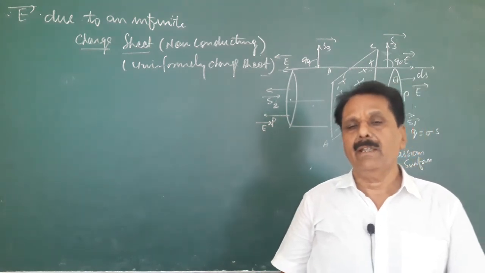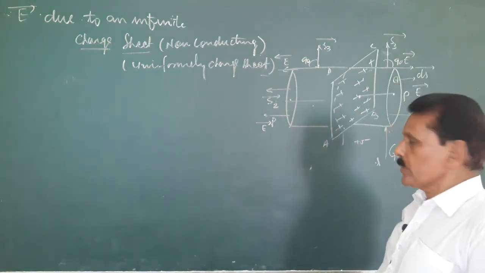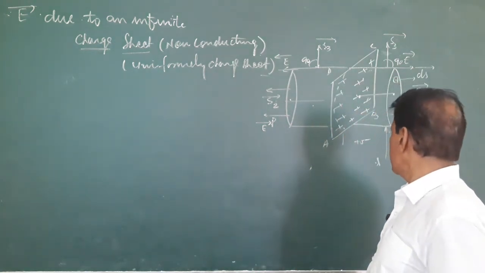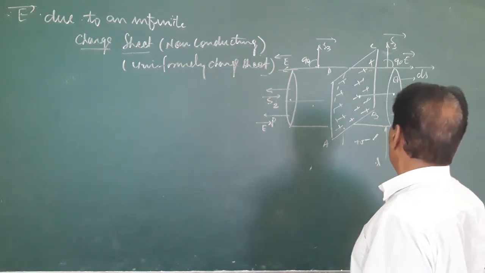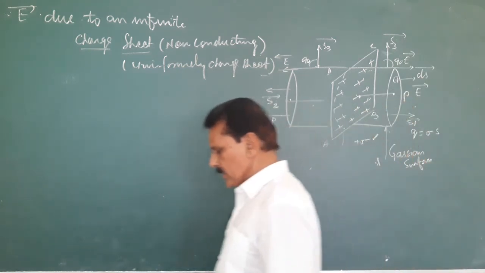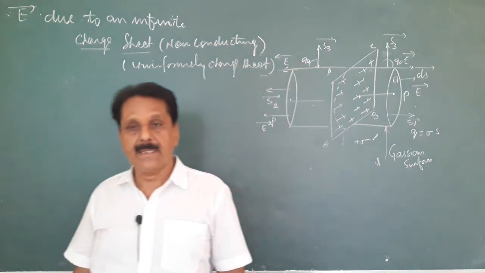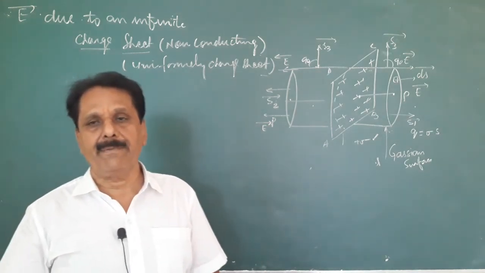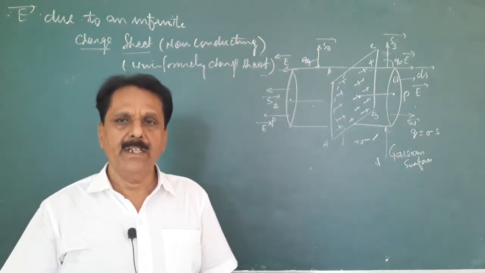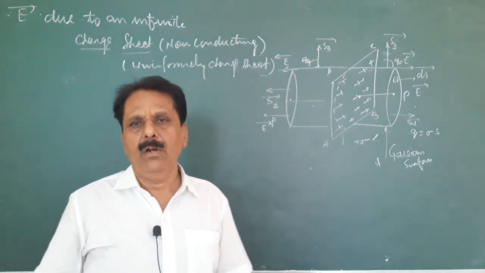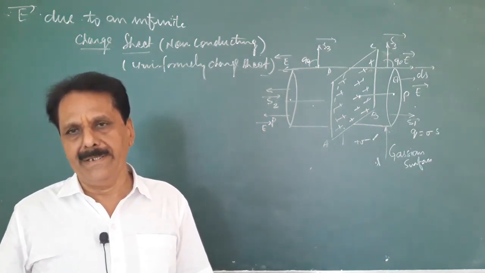We are given a non-conducting sheet with charge density plus sigma, so the charge is distributed on its surface as well as inside. Therefore, on both its surfaces there will be electric field lines.